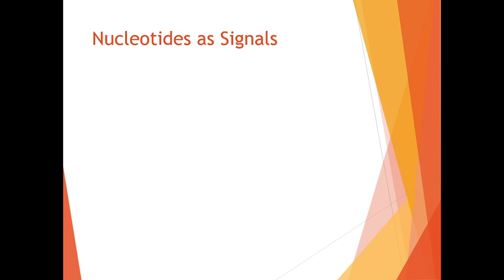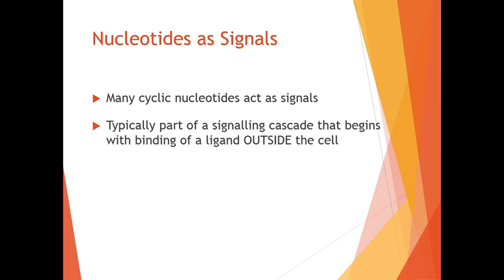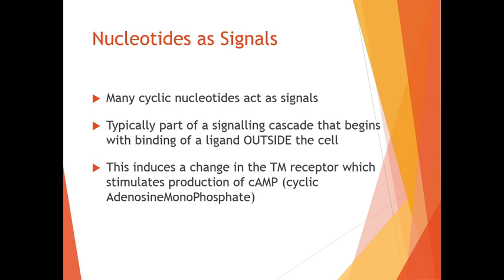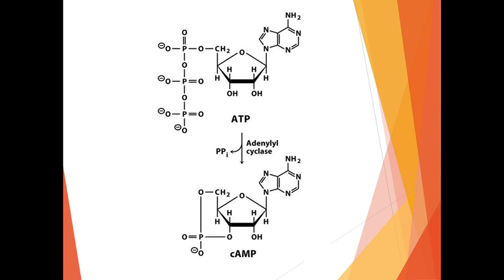Nucleotides also act as signal molecules. Many cyclic nucleotides act as signals. They are typically part of a signaling cascade that begins with binding of a ligand outside the cell. This induces a change in the transmembrane receptor, which stimulates production of what is called cAMP, or cyclic adenosine monophosphate.